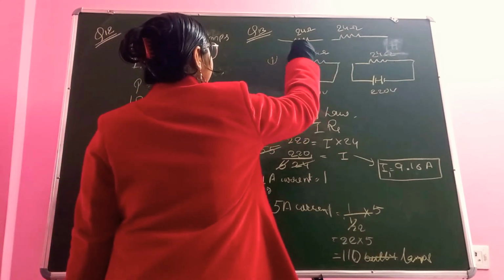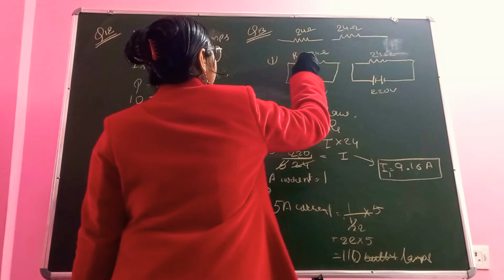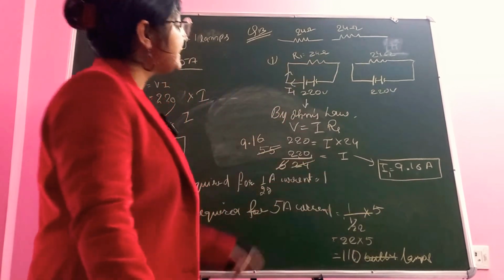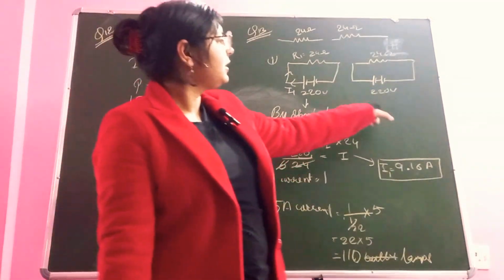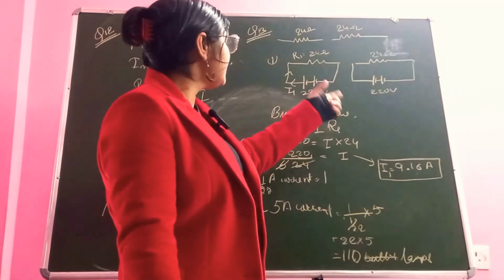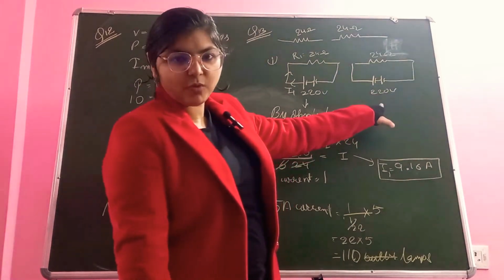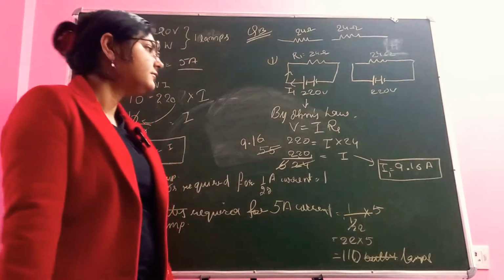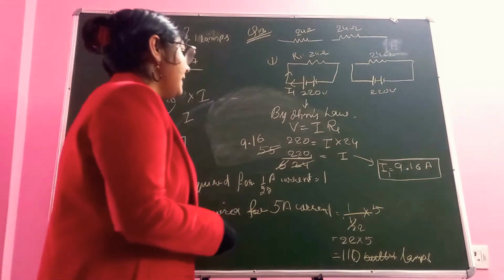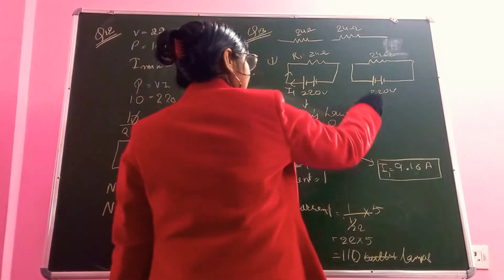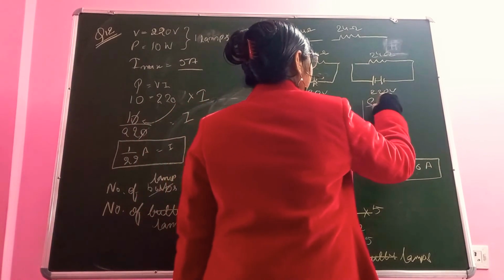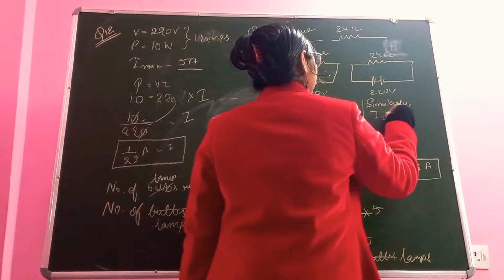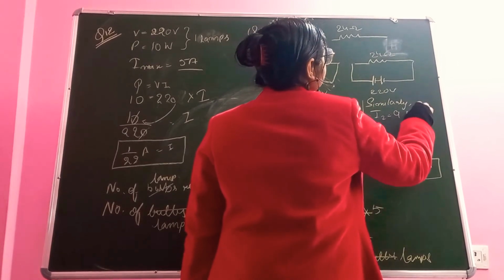If this is R1, then this is the value of I1. And the same value we will get for I2 because the values are totally same. The battery is of 220 volt only and the resistor is of 24 ohm only. So the current will be same. Similarly, I2 will be equal to 9.16 ampere.